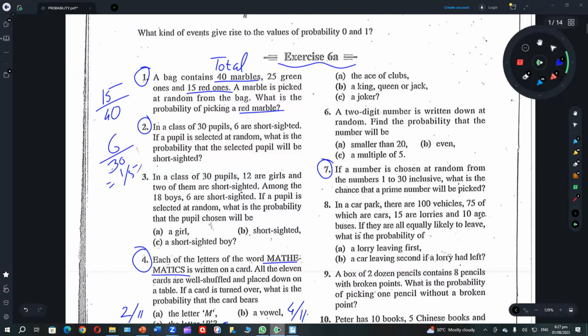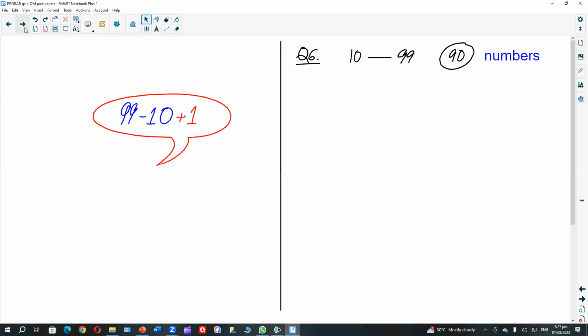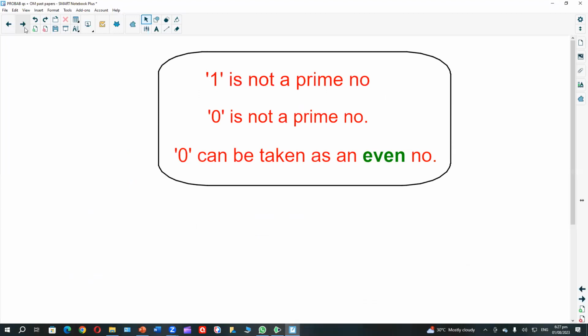So first make a list of prime numbers: 2, 3, 5, 7, 11, 13, 17. Remember, 1 is not a prime number. 0 is not a prime number. 0 can be taken as an even number. Copy this in your notes register.